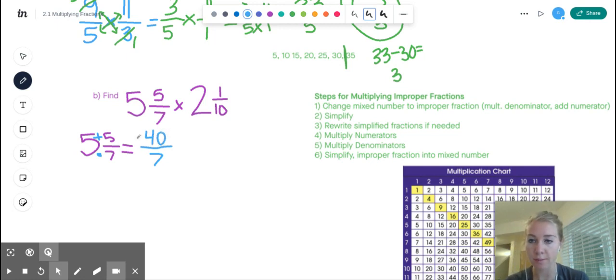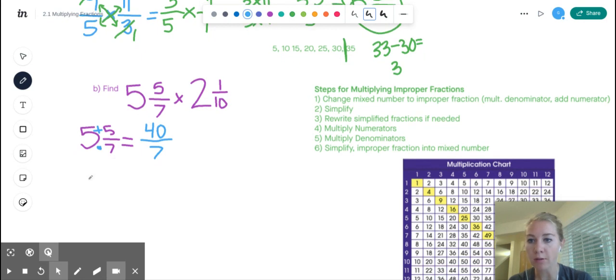Okay, there's our first improper fraction. And then I'm going to go ahead and write that down below because we're going to be multiplying that with our other improper fraction. So just so we don't forget it, I'm going to get it down right away.